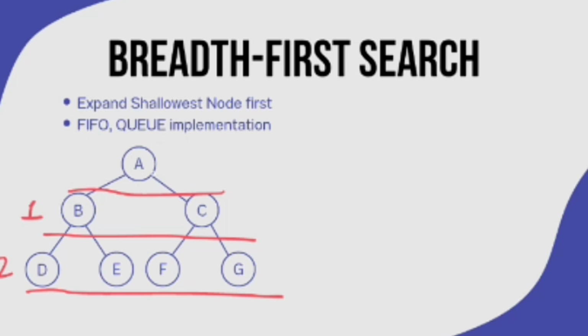So let's solve this and see how we implement our queue. So we have our queue, and then we store our expanded nodes in an array.